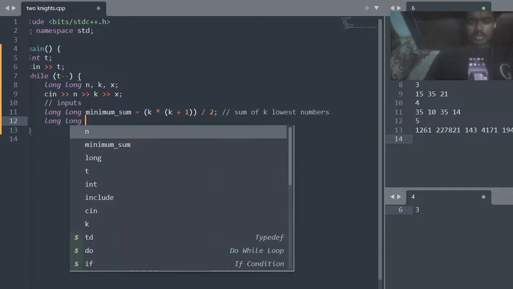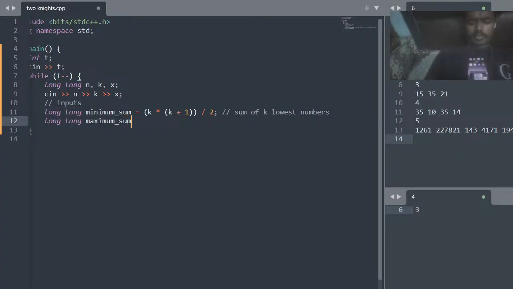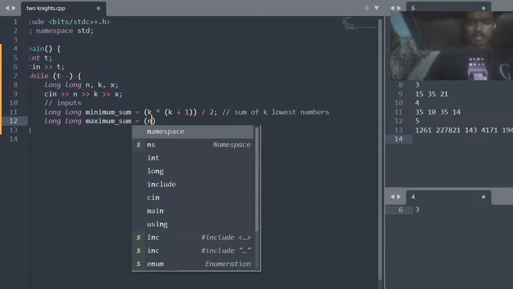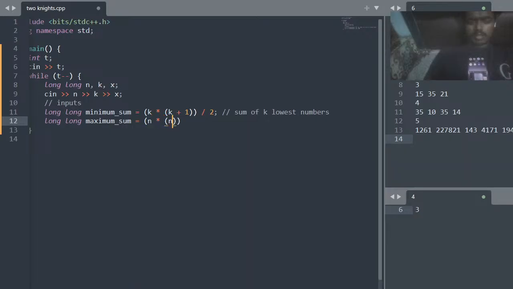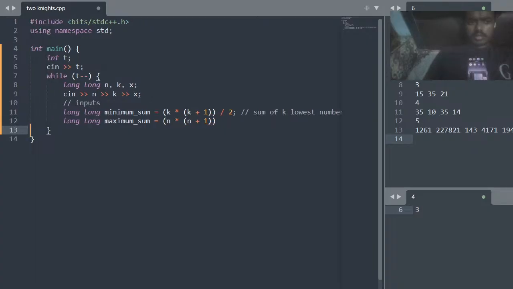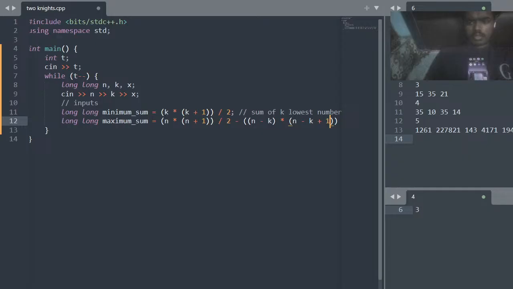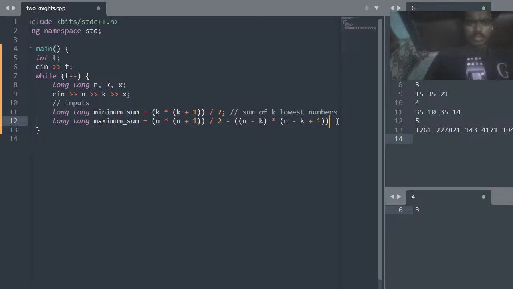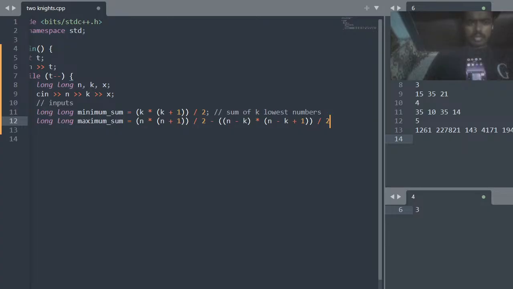And then long long maximum sum is equal to n into n plus 1, minus n minus k into n minus k plus 1, divided by 2, right.